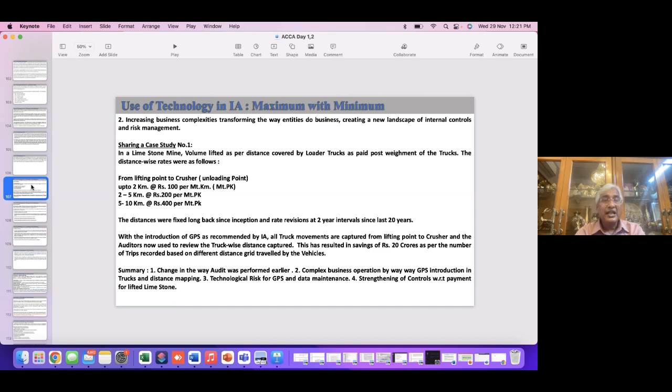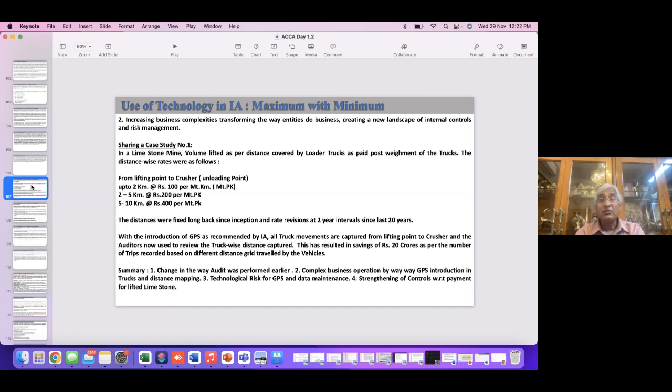So now they are paid for the actual distance covered. By the way, the company saved 20 crores, which is not a matter of joke. So this technology usage helped the company through the audit and process department, a big positive.